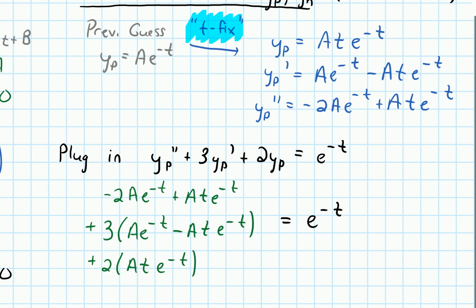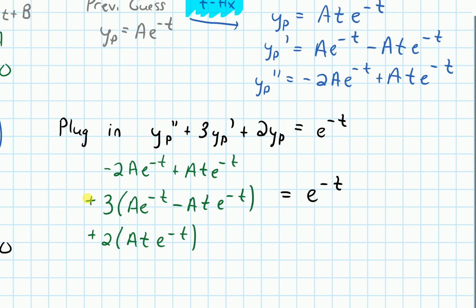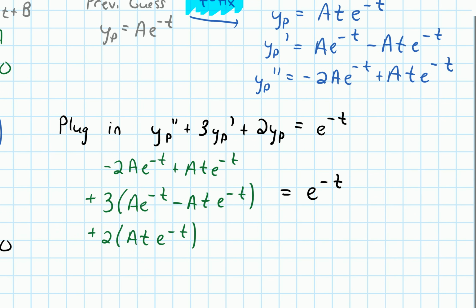All right, so what we want to do now is simplify this left-hand side. If we look at the left-hand side, there are 2 types of terms. There are terms that just have e to the negative t and a coefficient in front, but no t. And there are terms that have e to the negative t and also a t with it.